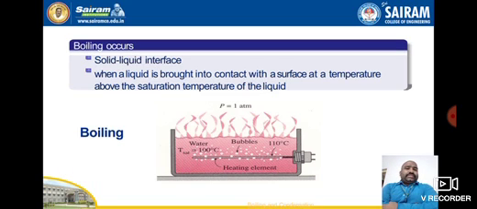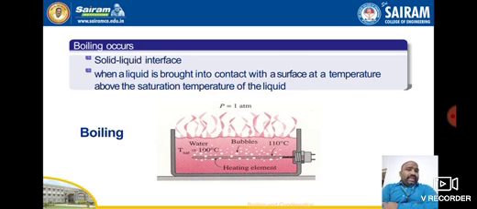Okay, next one is how the boiling occurs. So already we discussed that it is a solid-liquid interface, when liquid is brought into contact with a surface at a temperature above the saturation temperature of the liquid. So here suppose a coil is provided, through which the heat is going to be supplied. When the liquid receives the heat, it starts changing phase from liquid to vapor.